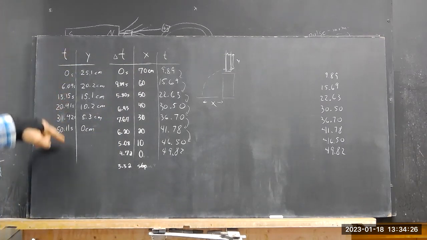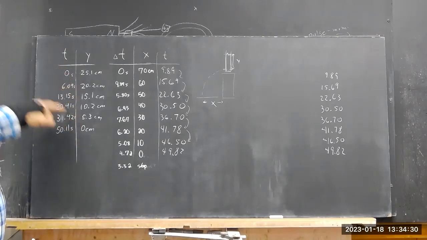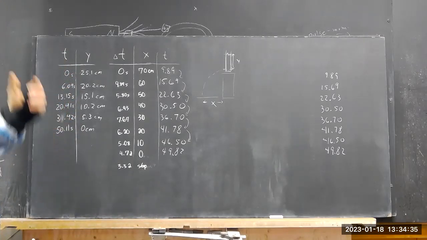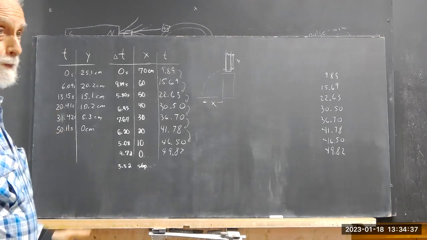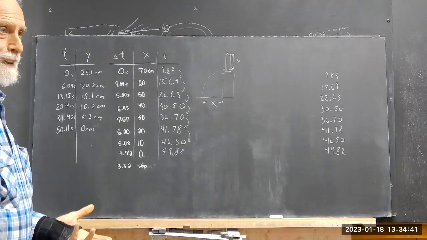And now we've got running times for the depth versus time. I did comment that the first time I ran this experiment, back in the days of DOS, I got incredibly accurate results.